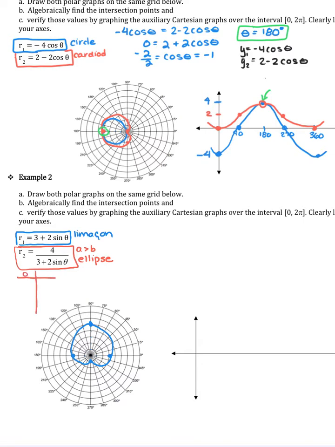So all we have to do is just plug in some values of theta. If theta is 0 or 180, I'm going to be at 4/3, right? So 0, 4/3, that's a little bit past the 1, and a little bit past the 1.